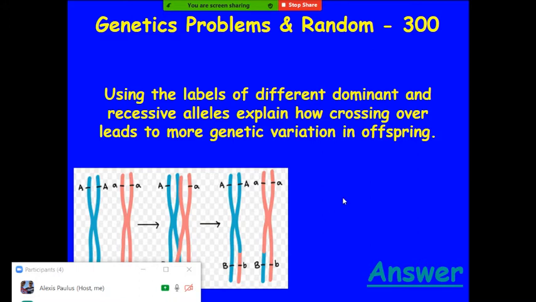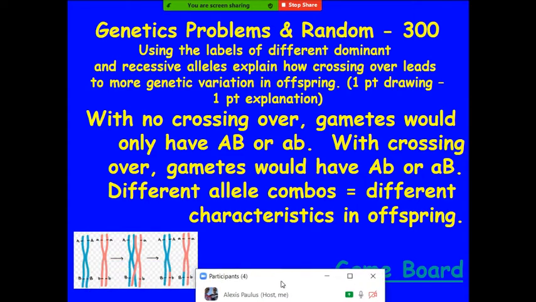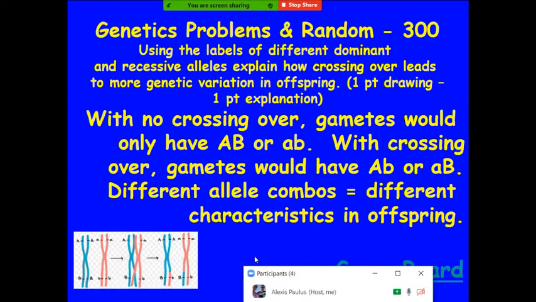Using the labels of different dominant and recessive alleles, explain how crossing over leads to more genetic variation. This is not on the test, but I will show you how that would be described. With no crossing over, gametes would only have the big A, big B combination and the little a, little b combination.